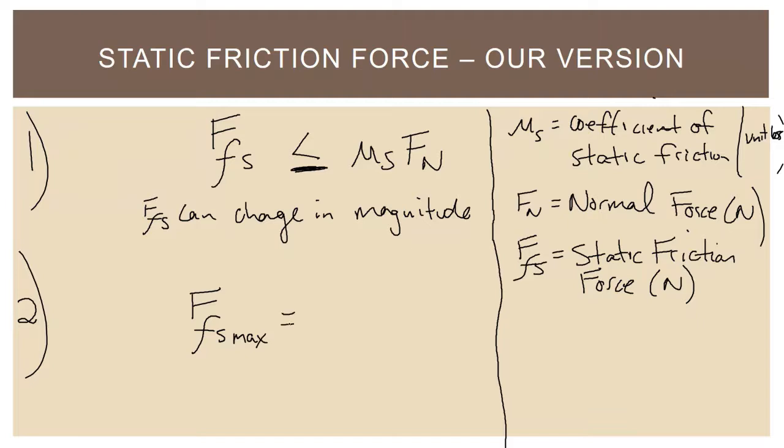Because what you'll see when we are analyzing situations and doing problems is that it's less important to be able to say the force is going to be less than or equal to this number. It's actually really important to just know what is the maximum value the static friction force can be. And so the static friction force maximum is equal to the coefficient of static friction times the normal force.